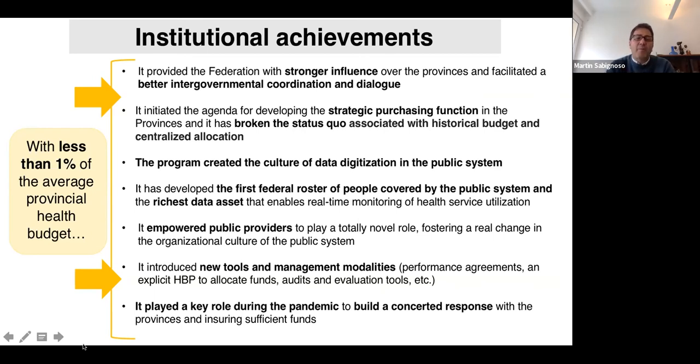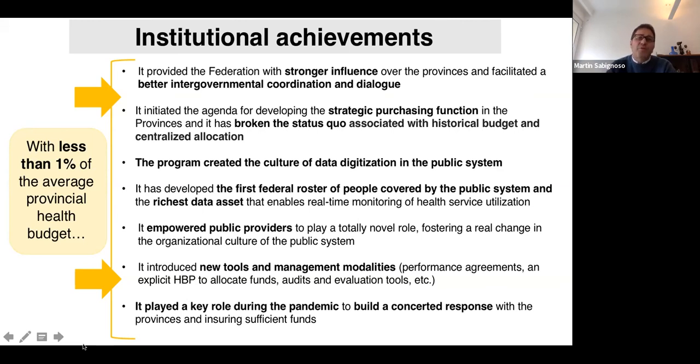It empowered public providers, as I said, to play a totally novel role. And this is very important because the program has been encouraging a bottom-up innovation culture. It is impossible to transform the health system without empowering health workers. So this was a key characteristic of the program. It is still a key characteristic.